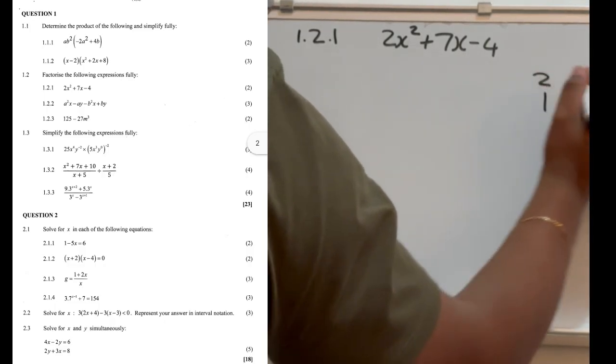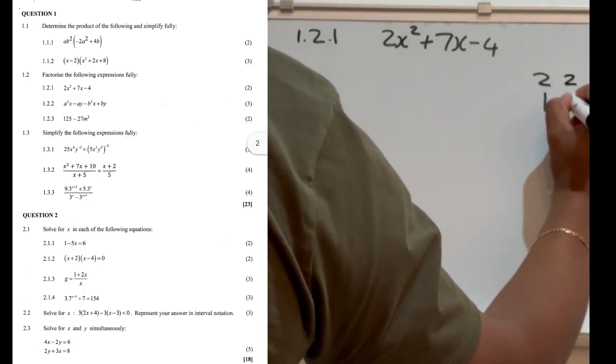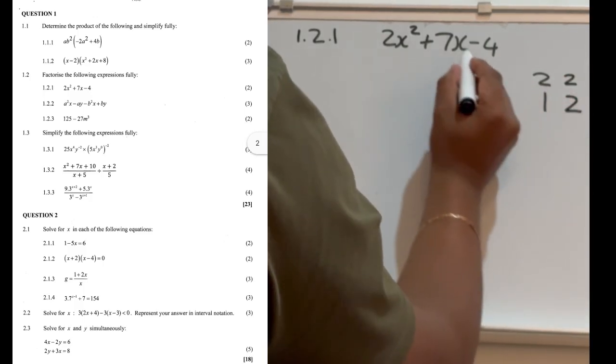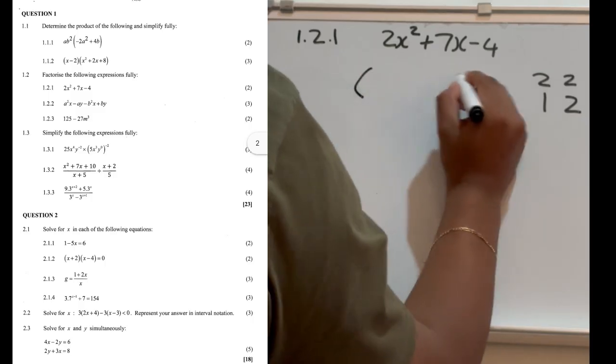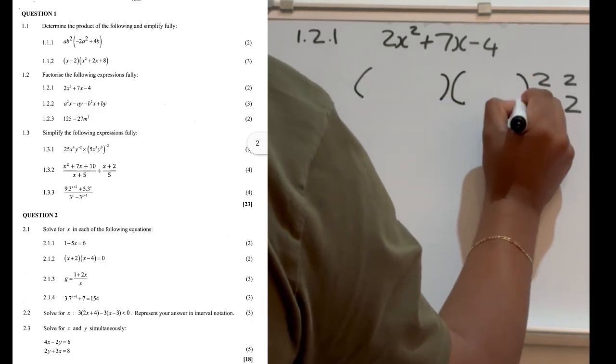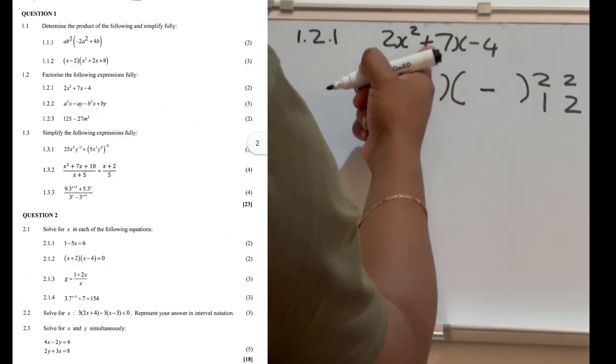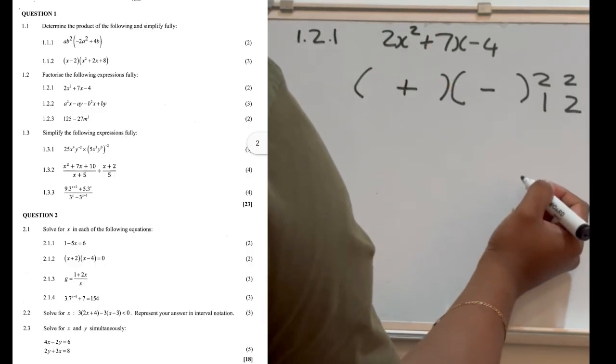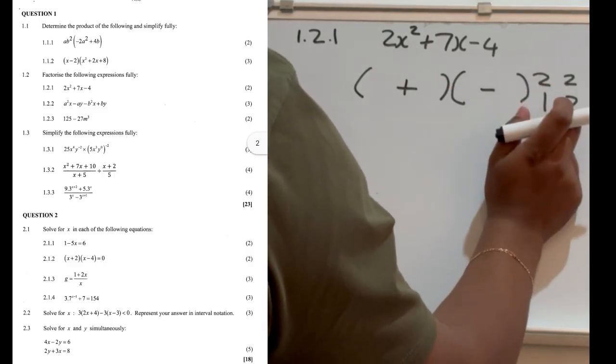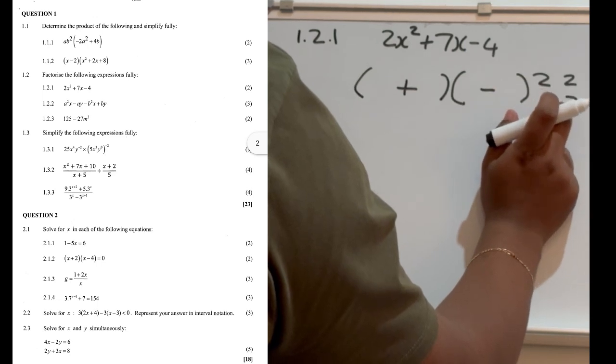The multiples of 4 is just 2 and 2. So we know if you have a minus there, we're going to have two brackets, but we're going to have a minus and a plus. So your biggest number must be plus. So if you do 2 times 2, okay, so that's not going to work.